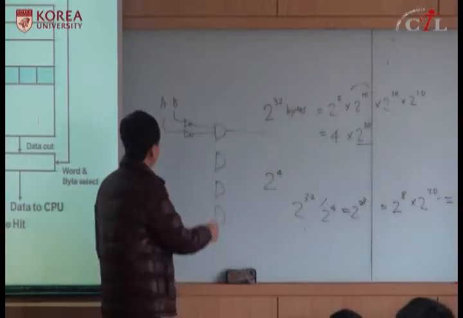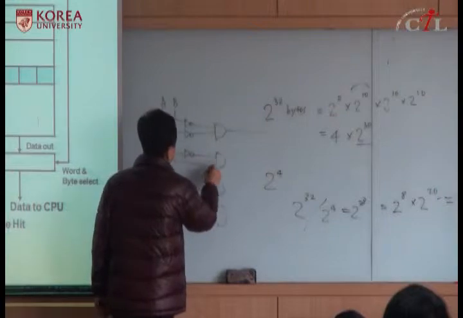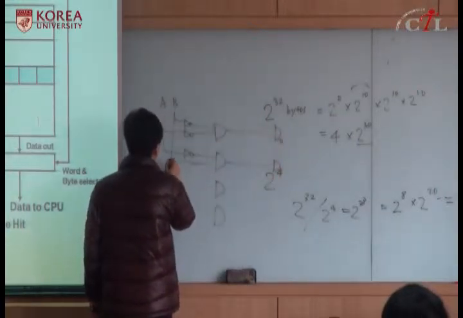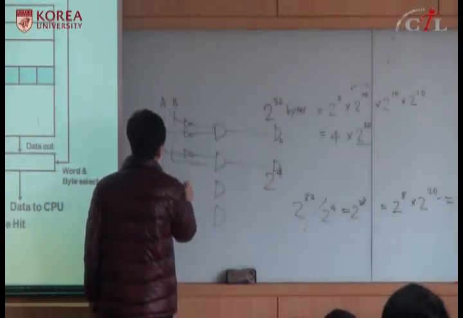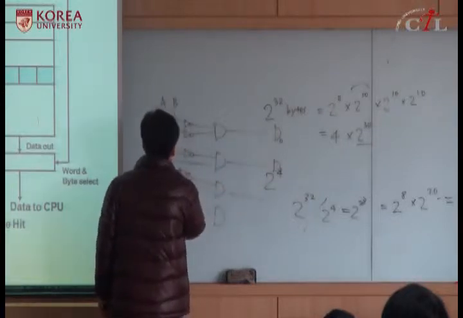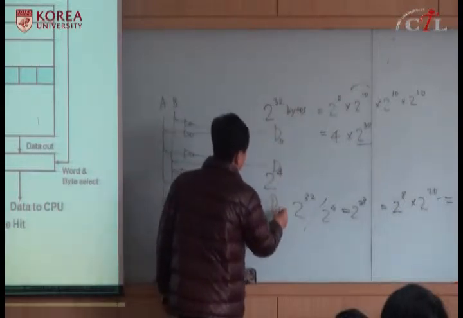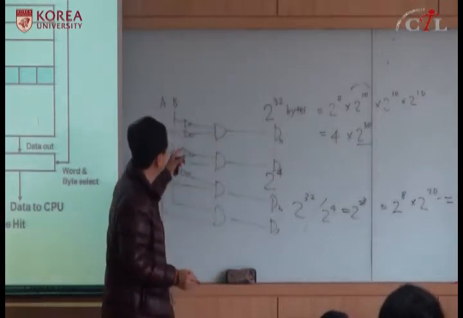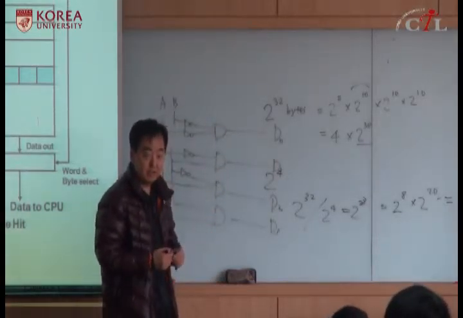If it's 0, 1, you select the second, D1. If it's 1, 0, you select this one. If it's 1, 1, you select this one, D3. Because each gate is enabled when AB is 00, 01, 10, 11. That's the decoder.